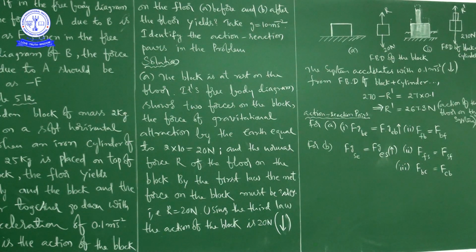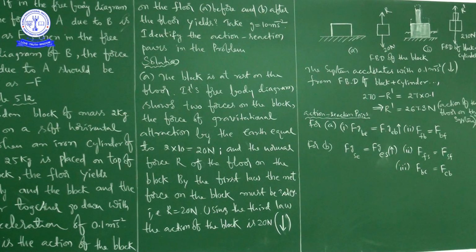Then automatically, according to the formula F is equal to ma, here F is equal to mg, 270 newtons. 270 is the force of gravity due to the earth, right? Okay, and that is what the floor is yielding here. That is a very important point.